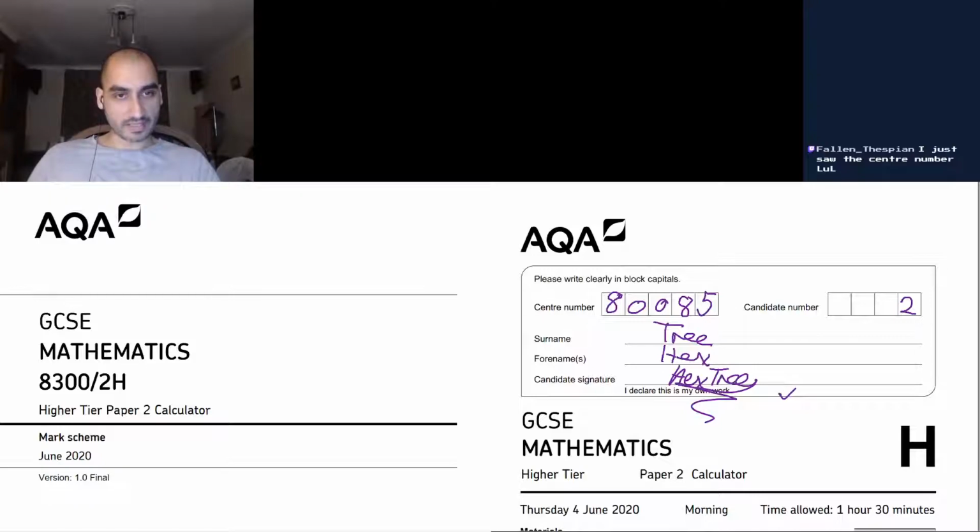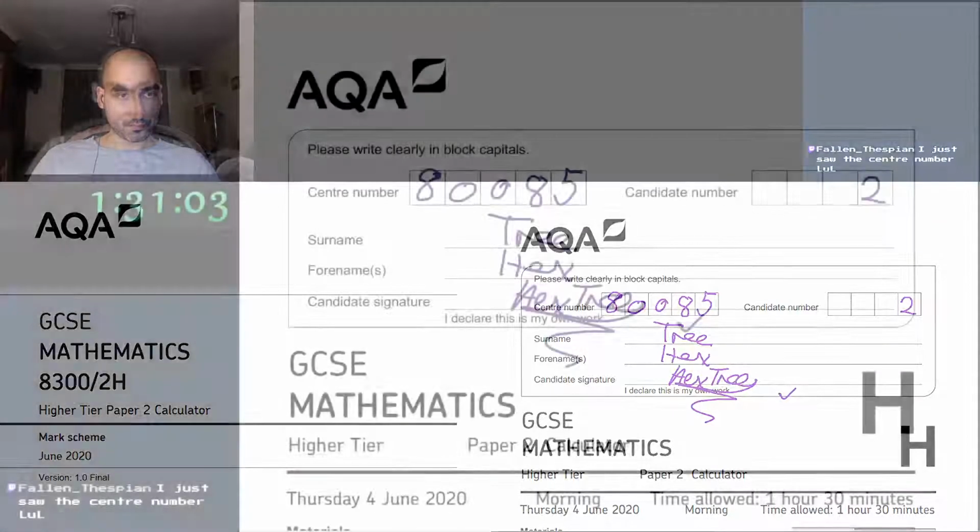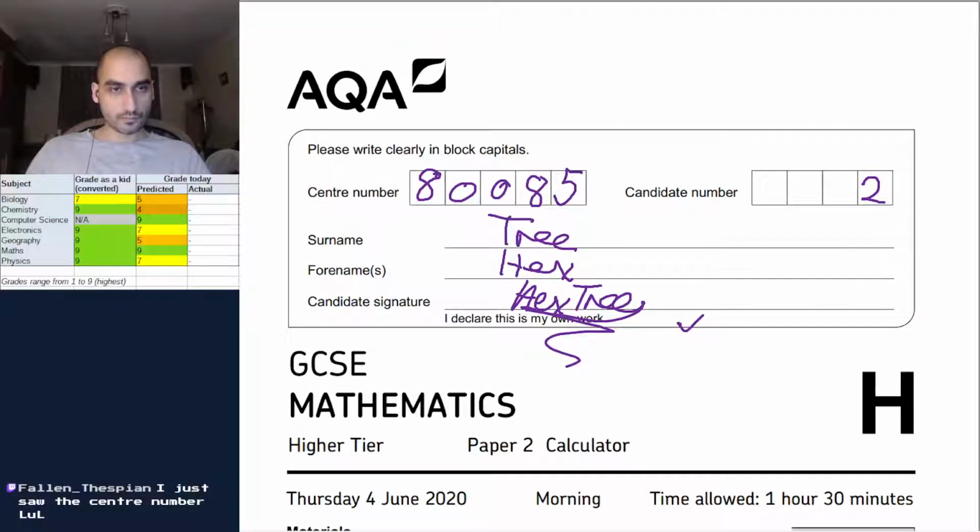Let me bring up my Excel sheet again, which shows my predicted grades by my own prediction. And I have no idea. I may be way off. There.